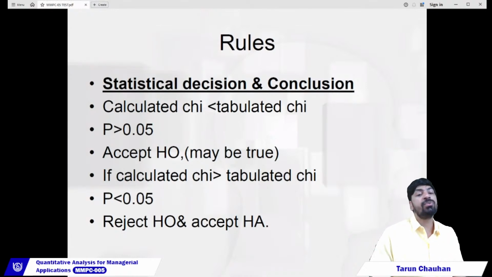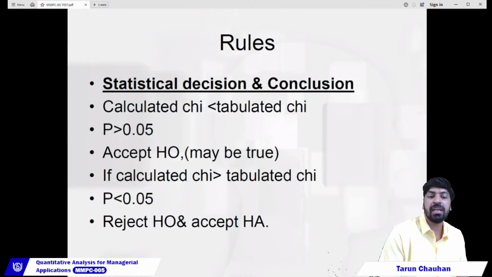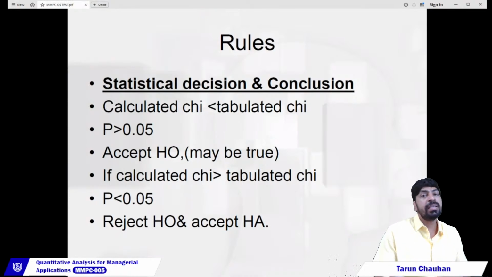What is the second rule of the chi-square test? If the calculated value is more than the tabulated chi-square value, it means the null hypothesis will be rejected. If the null hypothesis is rejected, that means the alternate hypothesis will be accepted.